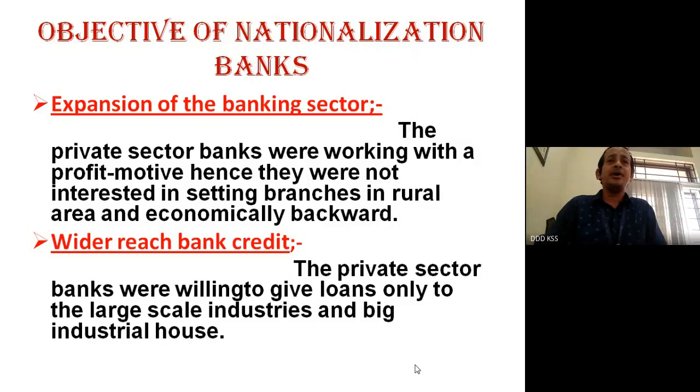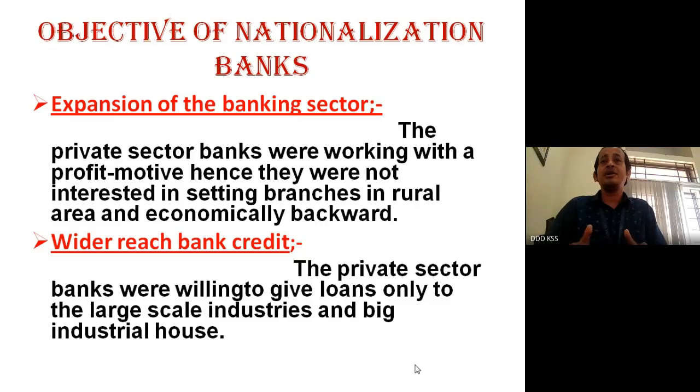Then, wider reach of bank credit. The private sector banks were willing to give loans only to large scale industries and big industrial houses. This was also one of the findings, and based on that there was a plan to expand the credit facility to the masses.